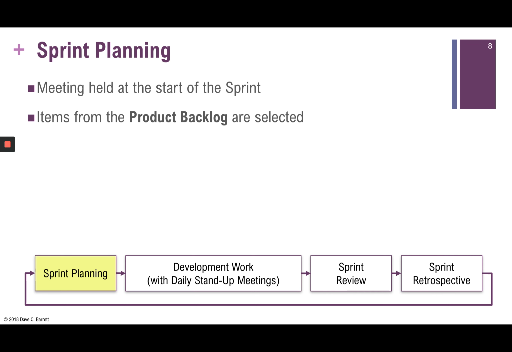Instead, the development team, together with working with the product owner, will indicate those items from the product backlog which can and should be included into the sprint. They may be considering the dependencies of what should be done first, what can be done, and so on. So there's sometimes a relative order of them.